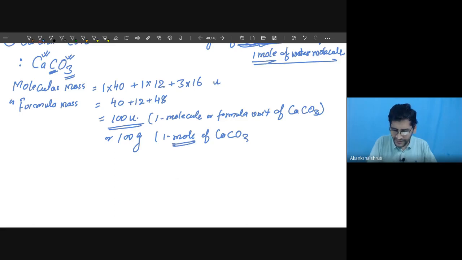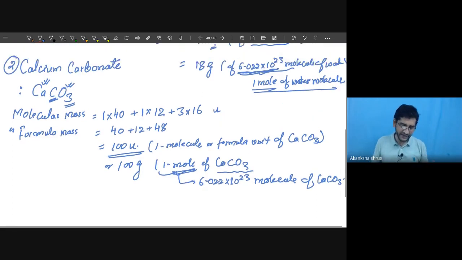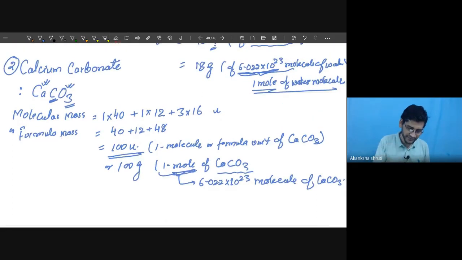Mole itself indicates there are 6.022 into 10 to the power 23 molecules of whichever species we are considering. Here it is CaCO3. So this way we can calculate the molecular mass or formula mass of any compound.